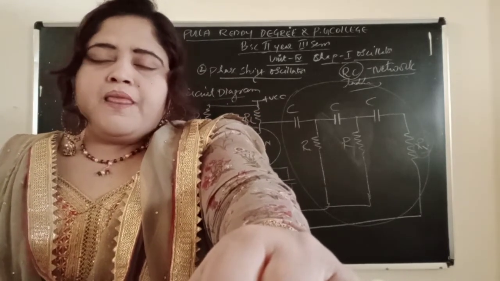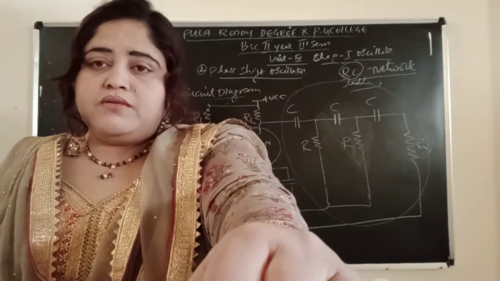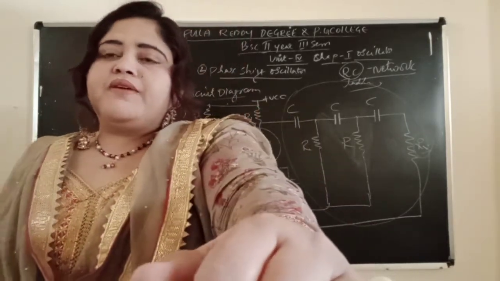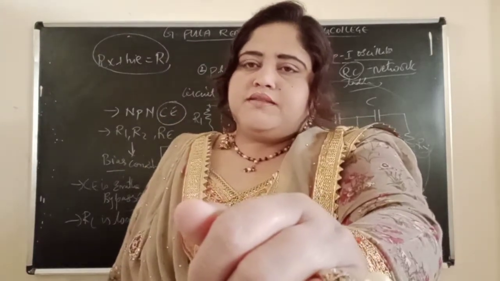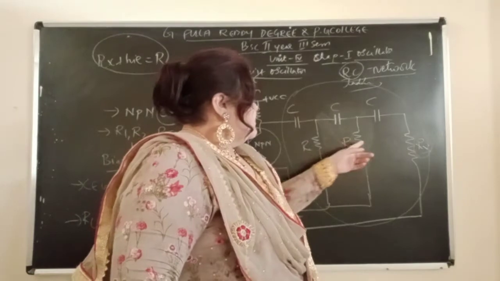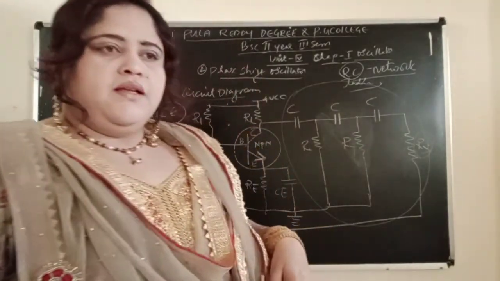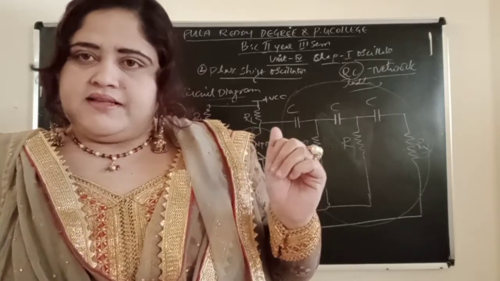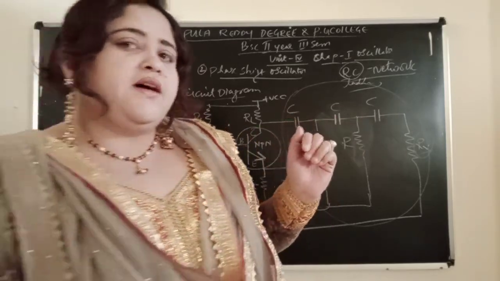So now we have spoken about the feedback network. The feedback network consists of resistors and capacitors in ladder form, that is RC, RC, RC. But what is happening here?